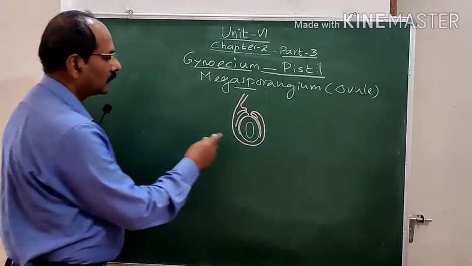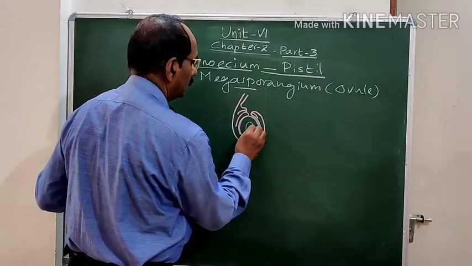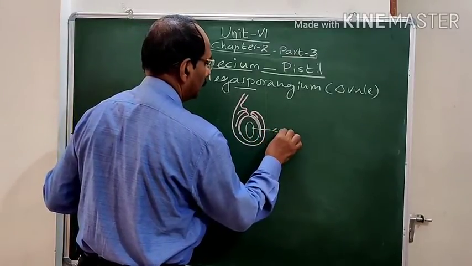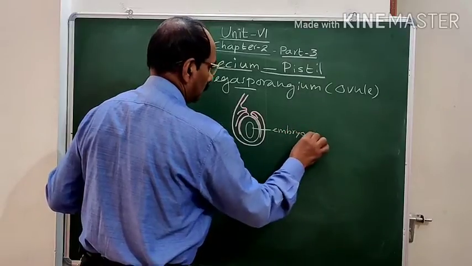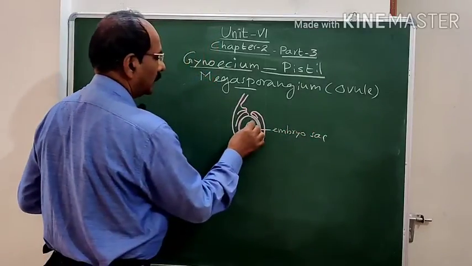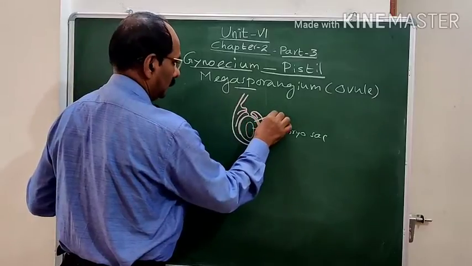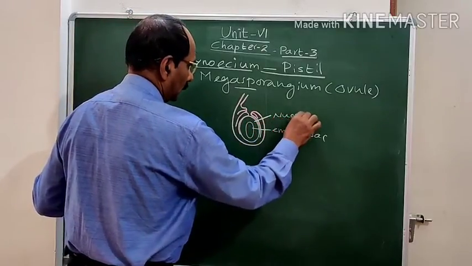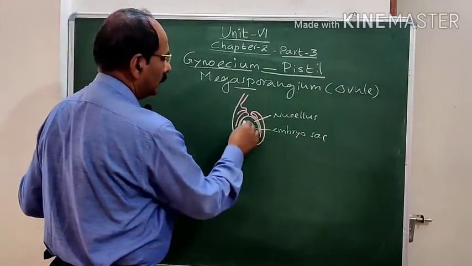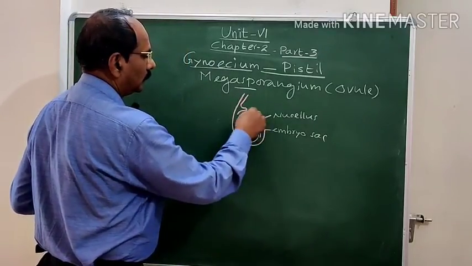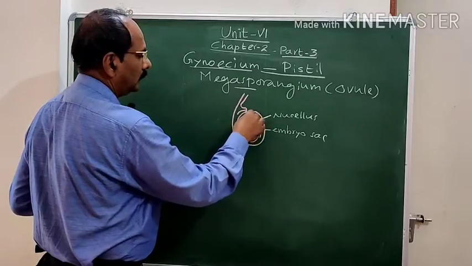So what are the different structures? Inside there is an embryo sac, or it is called female gametophyte, embryo sac. Outside the embryo sac you can see the nucellus. This tissue is called nucellus tissue, and the embryo sac and the nucellus together are actually called ovule.